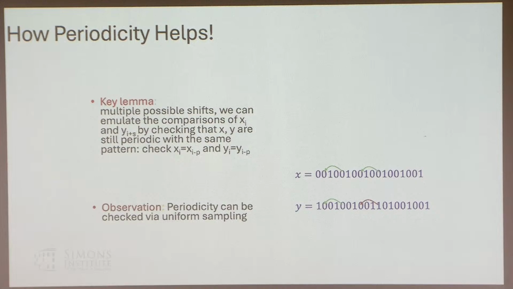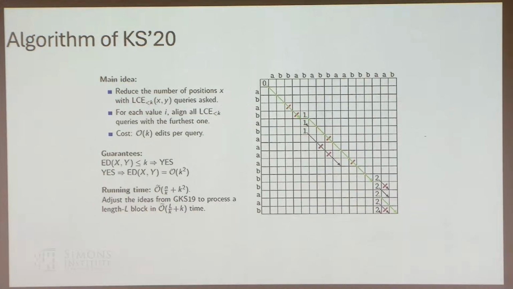And in fact, if you look at the subsequent works, which are also adaptive, which get this n over k squared, but k to the 4, k squared, and all of these bounds, this kind of polynomial dependence on k comes in order to handle these periodic strings. So that's more or less how you can get n over k, because you are doing this periodicity check.